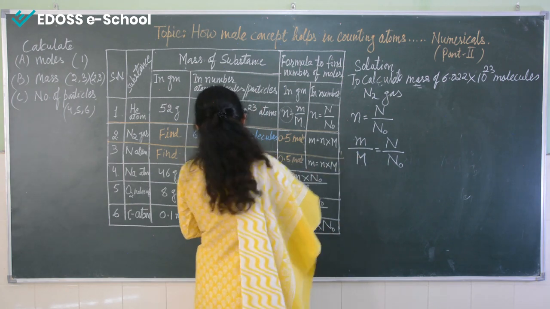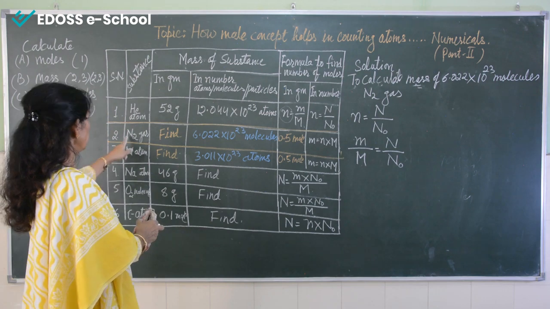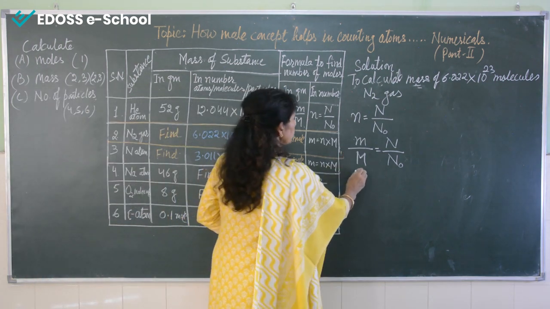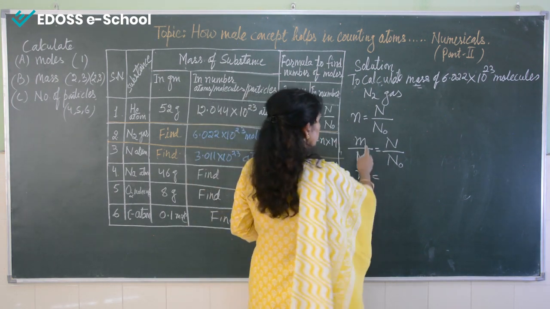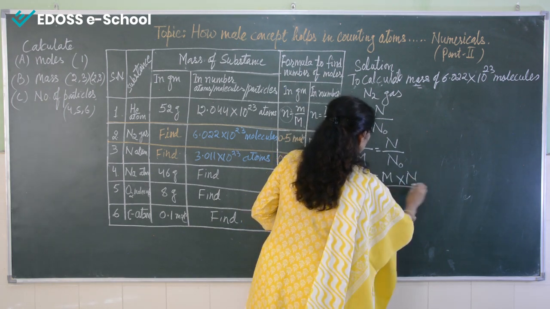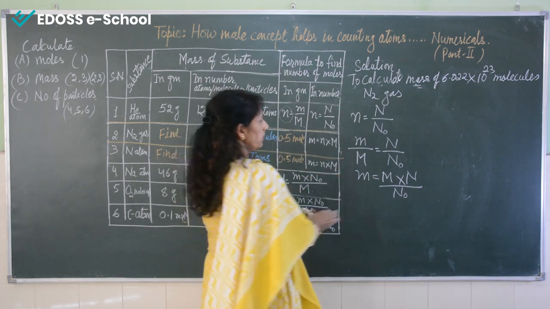This is our question here, and it is N2 gas. So mass m will be equal to M into N upon N naught.